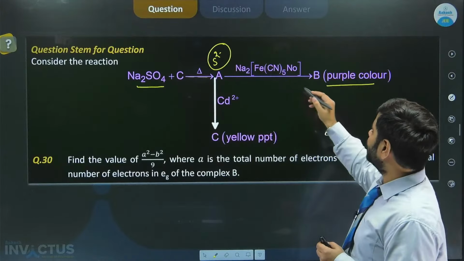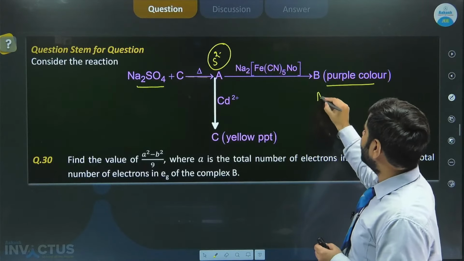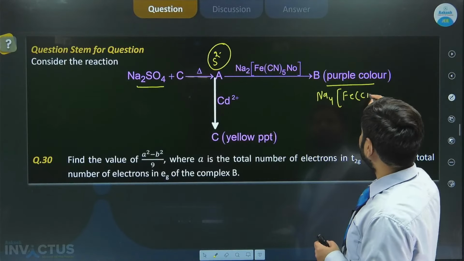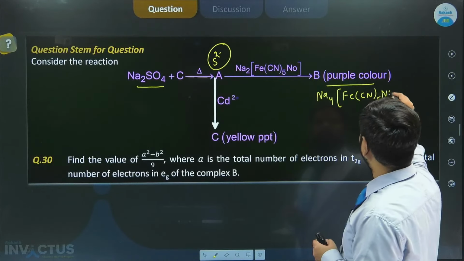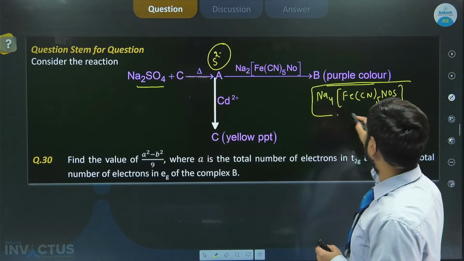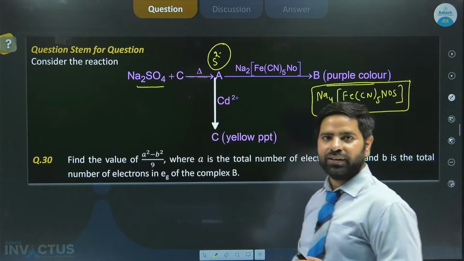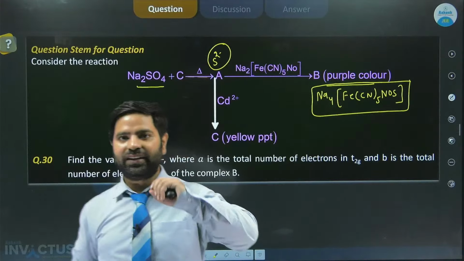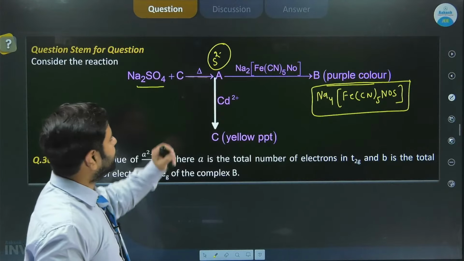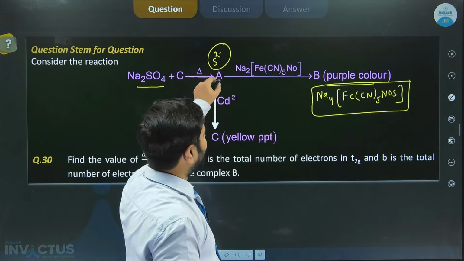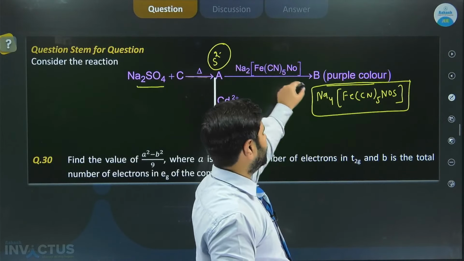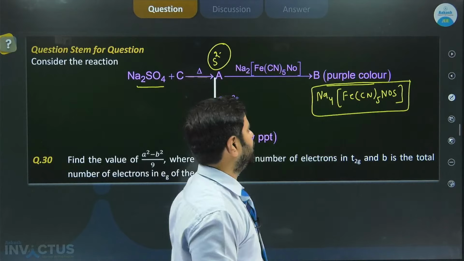S2 minus ion would give a purple color complex, that is Na4[Fe(CN)5NOS]. This is the purple color complex that we study in the purification of elements, testing of sulfur and nitrogen. So sulfide ion is confirmed by this test. When we react it with Na2[Fe(CN)5NO], we get the purple color complex.